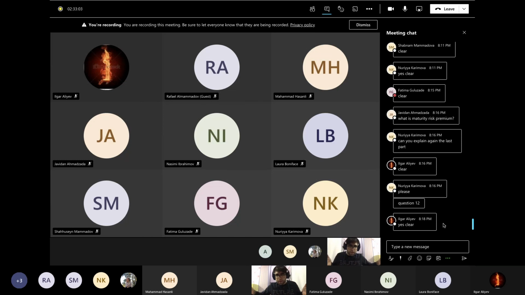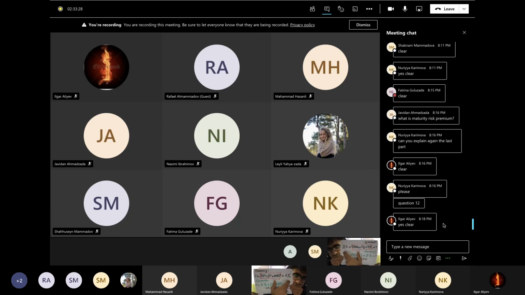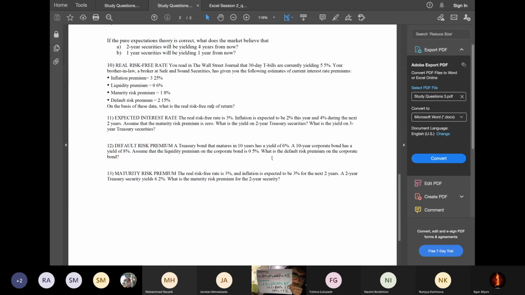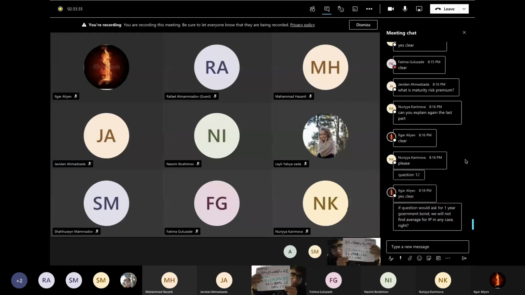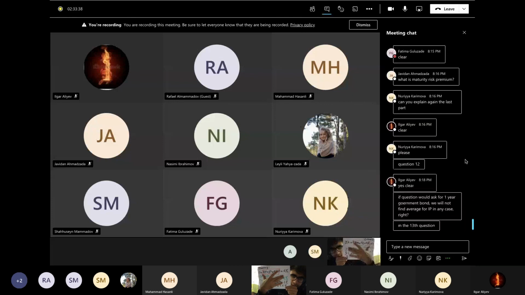No liquidity and no default. Inflation will always be there. Doesn't matter if it is long-term, short-term, treasury or corporate. We always include inflation premium because there is no way out from inflation. So we are adding MRP, maturity risk premium, because it is long-term. And it gives us 6% as in the question.